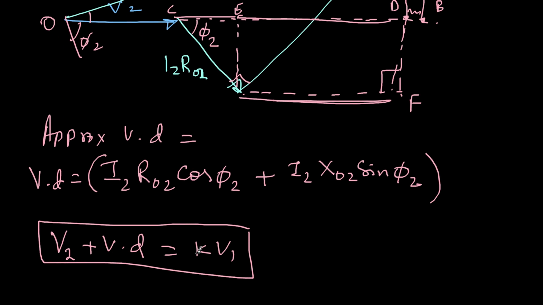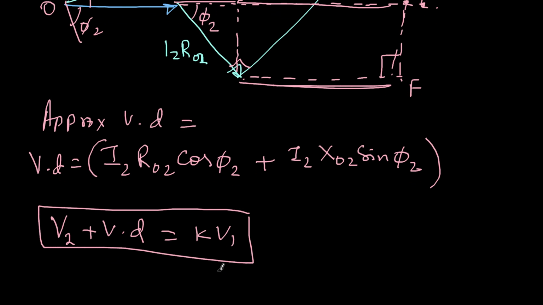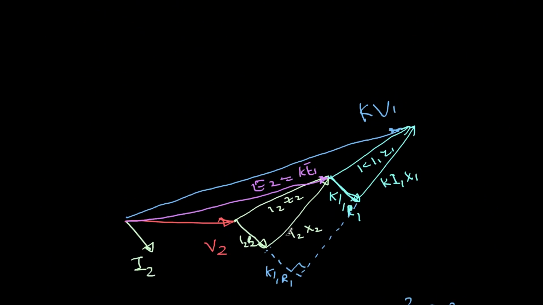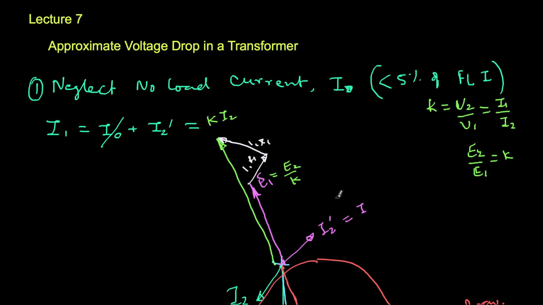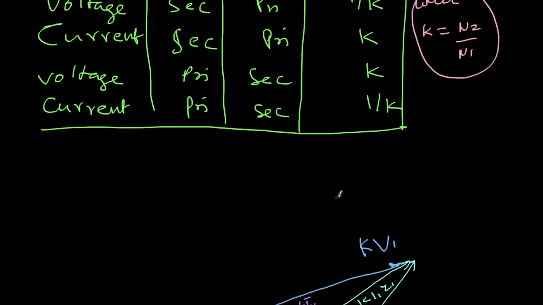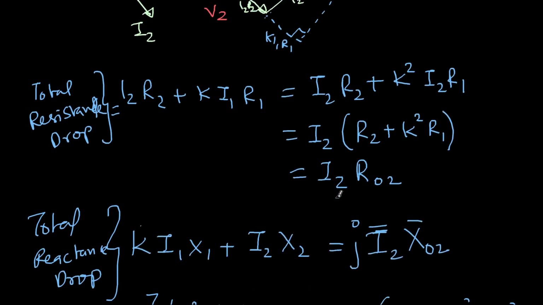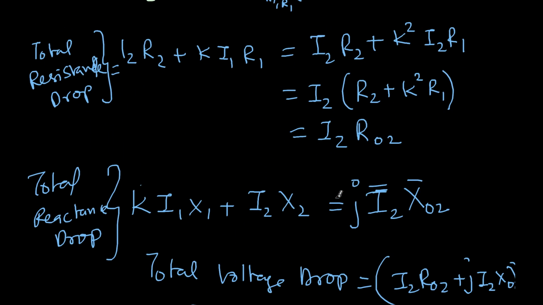So finally I got this expression, that is I2 R02 cos phi 2 plus I2 X02 sine phi 2, and that will give me the magnitude of V1. Okay, so this is just a brief explanation. We will try to solve some problems based on this, and we'll try to get some further understanding on this.